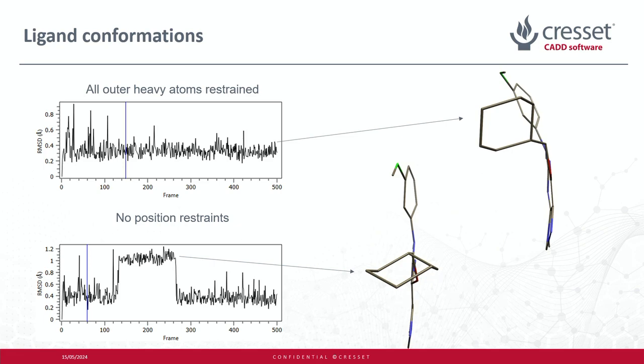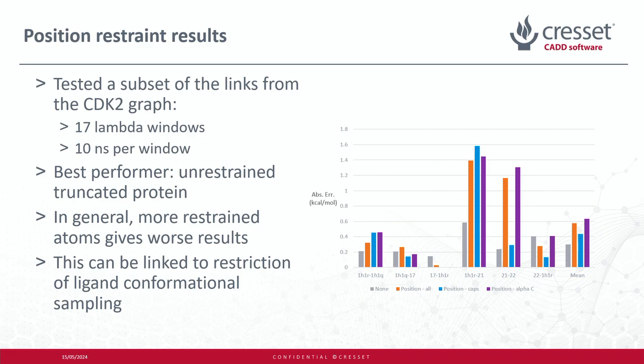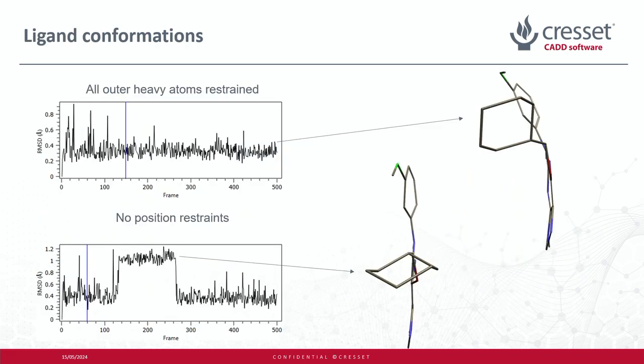So if we look at this example, which I think is taken from ligand 21 from this data set, if you restrain all of the heavy atoms and you look at the ligand RMSD from one of these simulations, you're essentially only sampling 1 conformation. Whereas if you do no position restraints, you are able to sample 2 conformations. And that is consistent across a number of replicas of this ligand from different transformations involving the ligand.